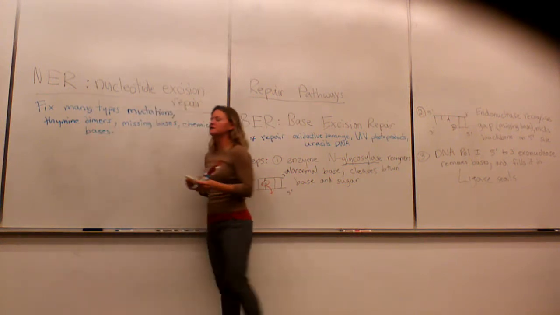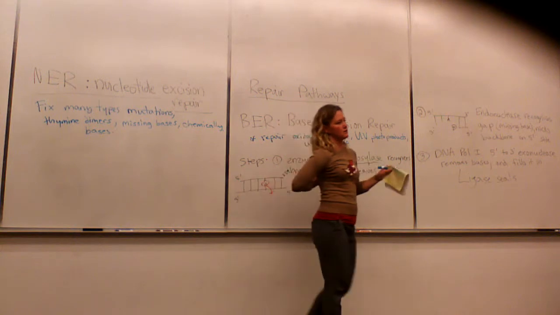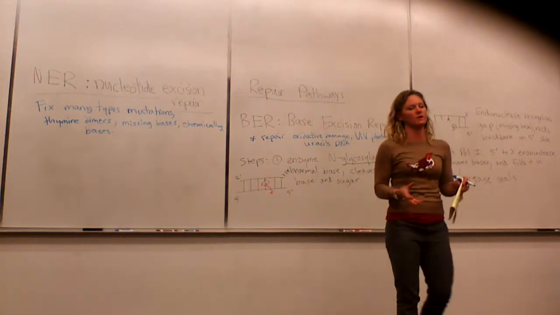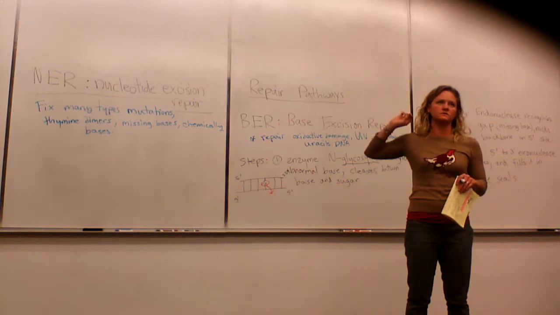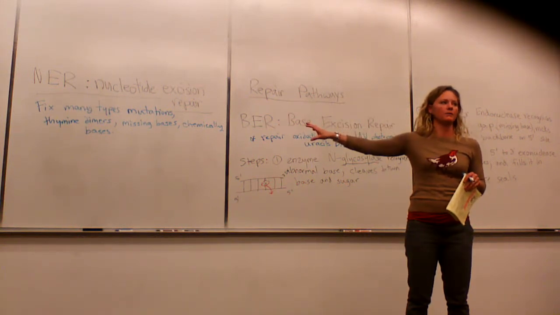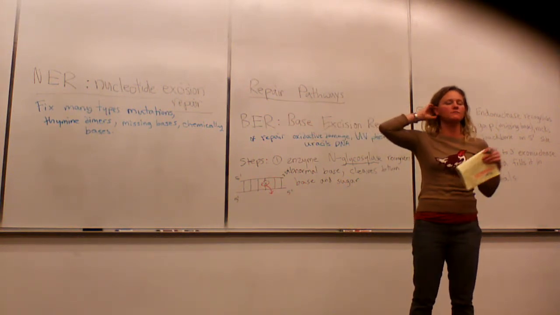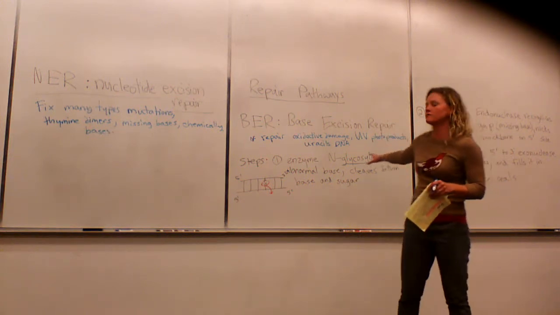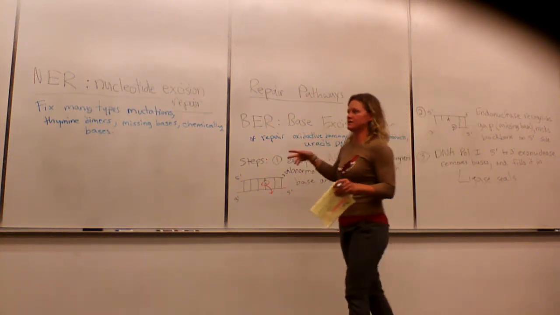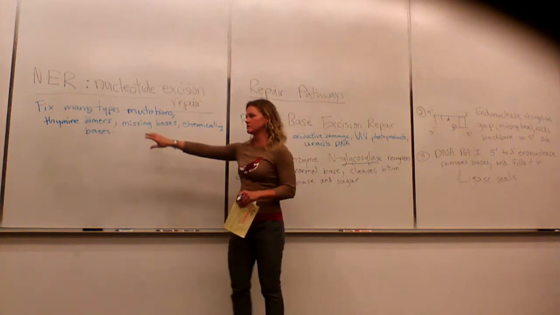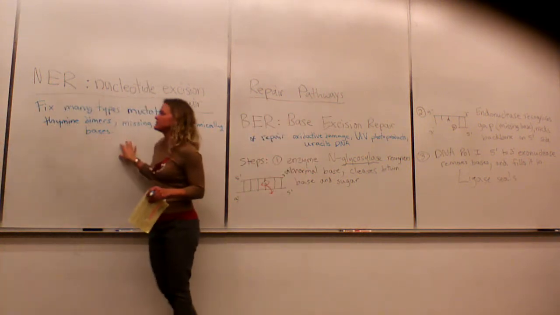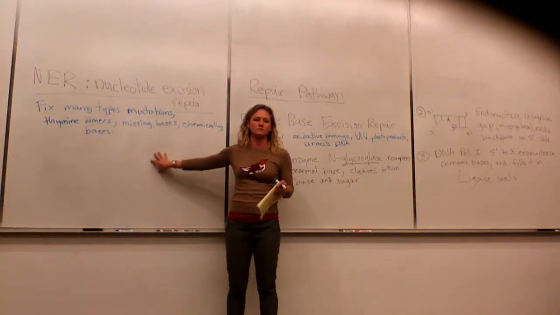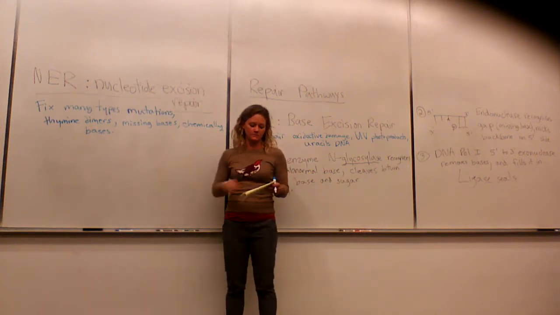In your notes, if you're thinking about the key repair pathways in cells, nucleotide excision repair is one of the most go-to repair pathways. It's going to be far overused, even over base excision, mismatch repair, some of these other ones that we're going to get to with all these lovely acronyms that you guys get to memorize. Nucleotide excision is the most common, most used repair pathway.